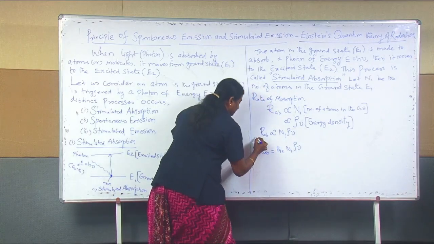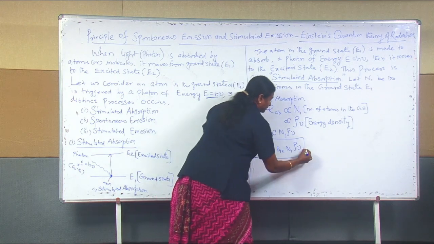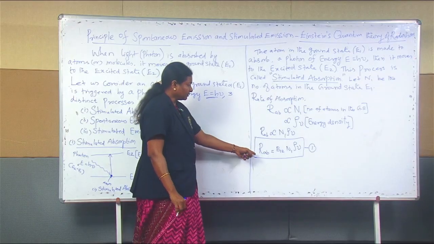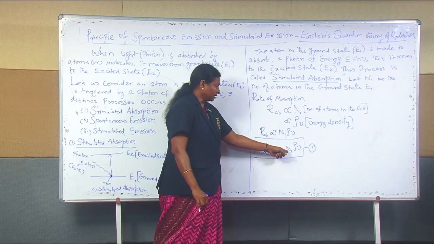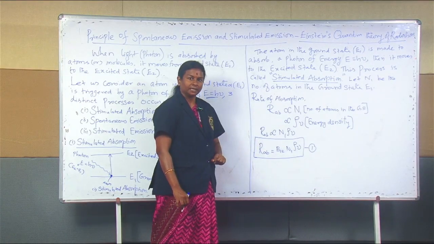Okay, I am just boxing this equation and we can take this as the first equation. So the rate of absorption is equal to this constant, then number of atoms in the ground state and the energy density. Okay, clear?